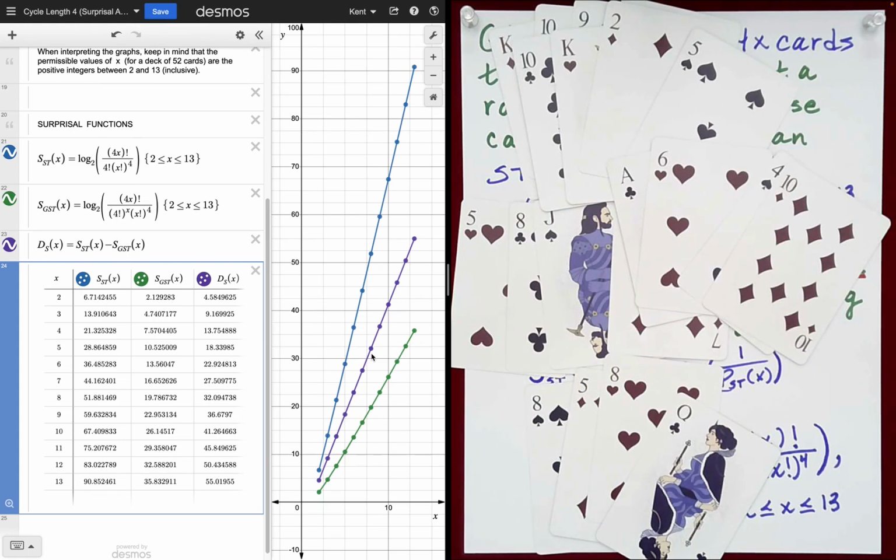I want to point out that the reason that we started with cyclic packets with cycle length 2, and then we went to 4, and now we're going to go to 13, is because they are preparing us for a Stebbins performance, in which all 3 of those important characteristics will be true for a single organization of the deck after it's been Gilbreath shuffled. Okay, which just sends the surprisal values ever higher.